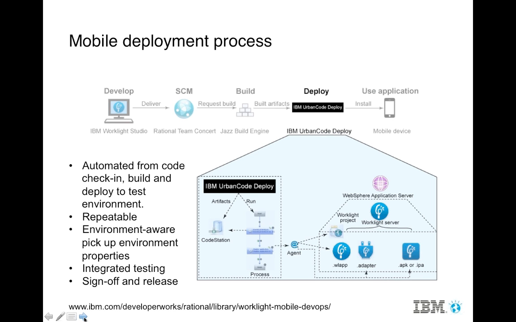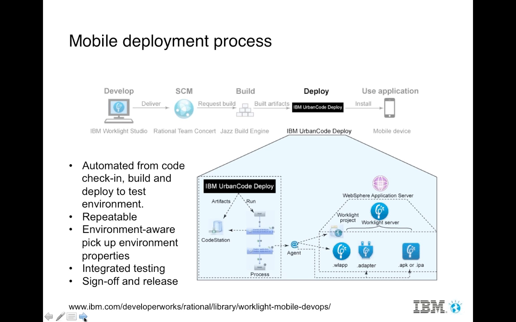So the thing that allows us to do, if I move on to the next slide, is as a result of our automated code check-in and build, we're able to then automate the deployment to test environments. So Urban Code Deploy will allow us to abstract out the process of deploying Worklight artifacts from the specifics of a given environment, and again, whether that's test, pre-production, and production. So what we're able to produce is a repeatable process that can deploy our Worklight artifacts.